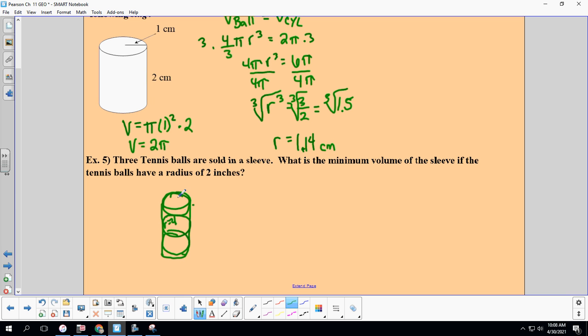So the sleeve shape is a cylinder. So the volume of a cylinder is pi r squared h. It's the area of the base times the height. The area of this base, well, to minimize the volume, it should have a radius of 2. So it's going to be pi times 2 squared. And then the height, it's the height of 3 tennis balls.